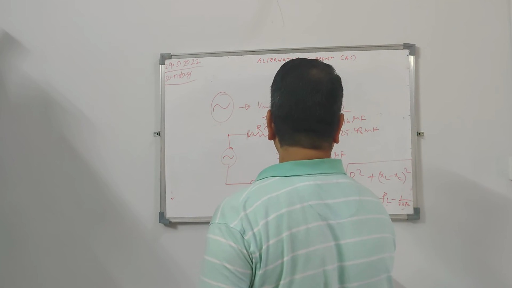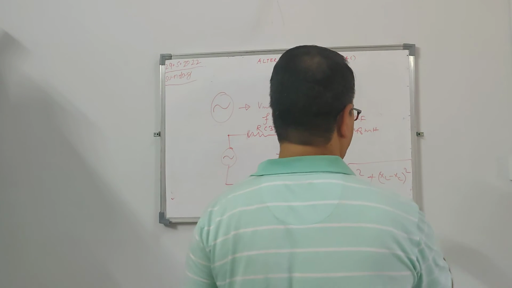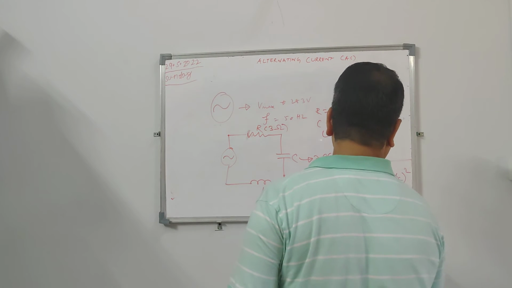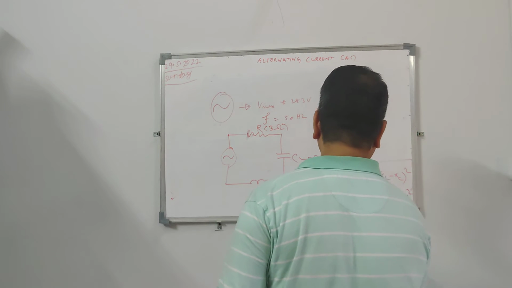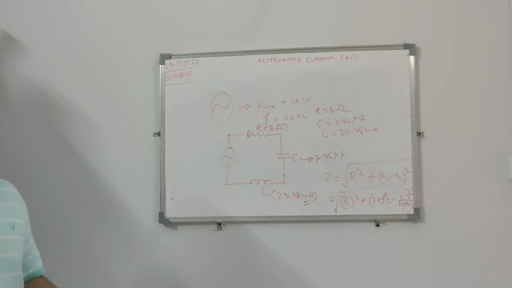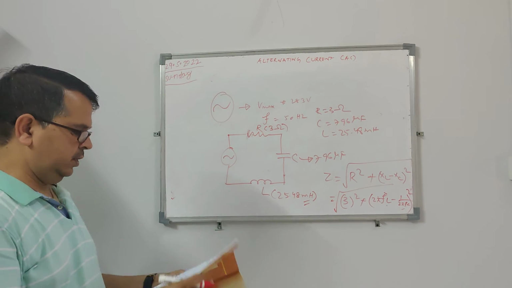This millihenry you have to convert into henry, and microfarad is 10 power minus 6. Knowing this, if you solve, you can find out your impedance, and the unit will be ohm.